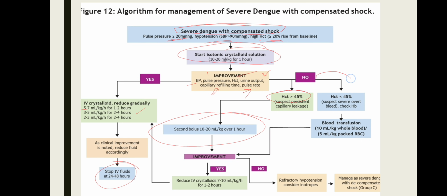But if the hematocrit is decreasing and the child is not improving, that means there is severe bleeding. The hematocrit may decrease because the fluid is very well resuscitated by the external fluid, or the hematocrit is decreased due to massive bleeding.